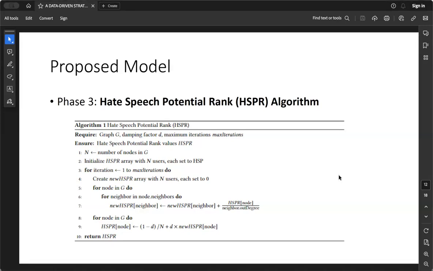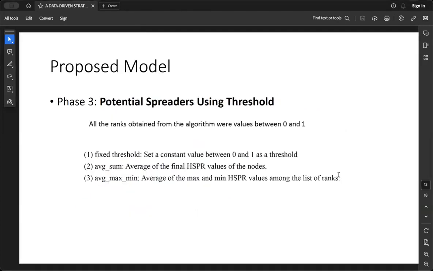But now, going back to our initial discussion of coming up with a threshold to determine whether a user is threatening or not threatening, we had to strategize different thresholds to actually flag the users. So we tried to come up with certain strategies. The first one was to have a fixed threshold like 0.5. So if the user had a rank above 0.5, they were considered as a threat, and if they had an HSPR value below 0.5, then they were considered as safe.